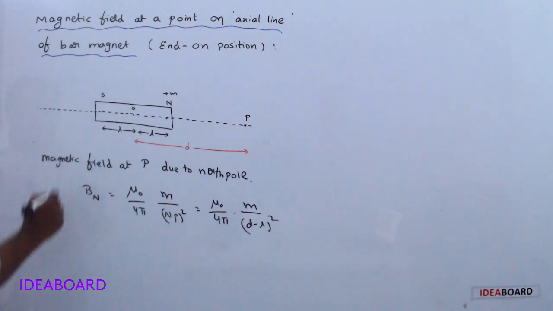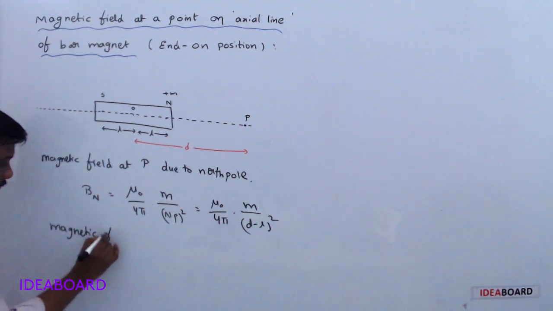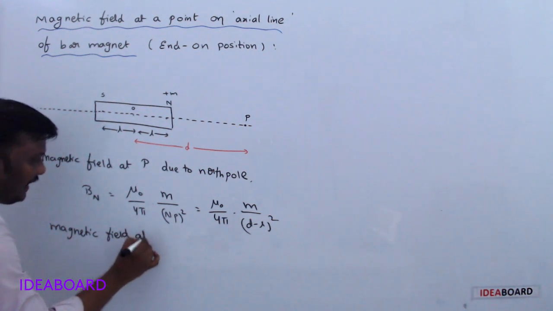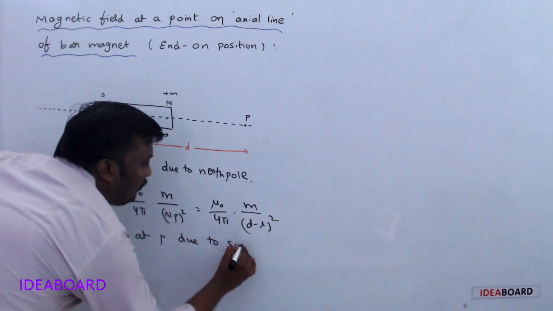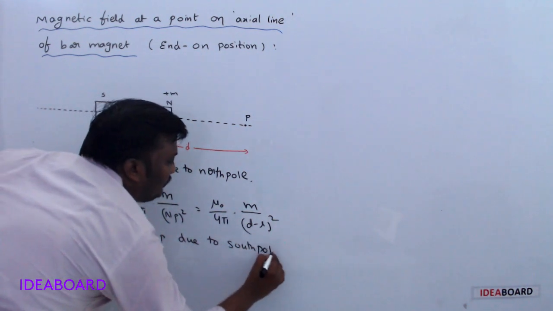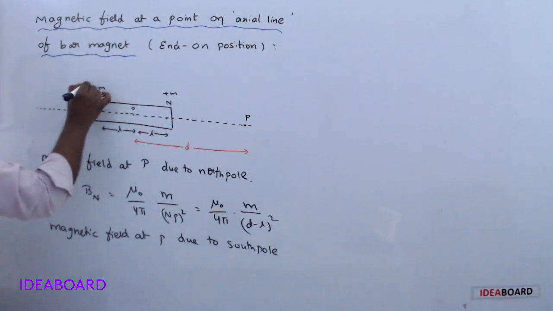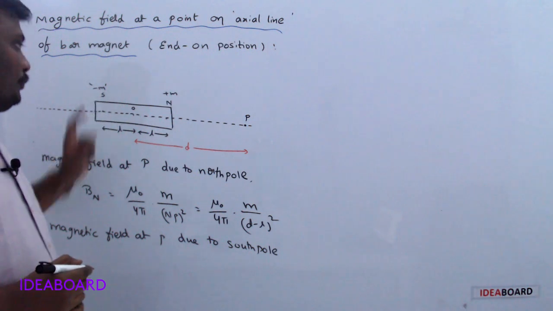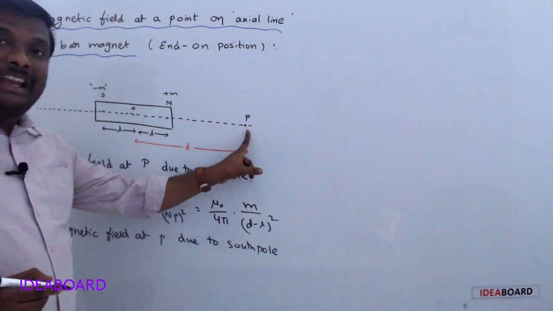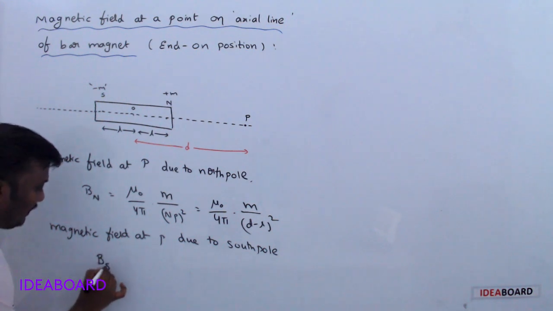Now the magnetic field at P due to the south pole. Here the south pole strength is minus m. So due to this south pole, what is the magnetic field acting at point P? That is Bs.